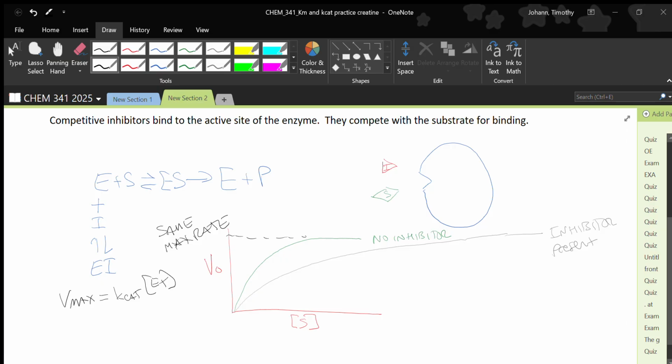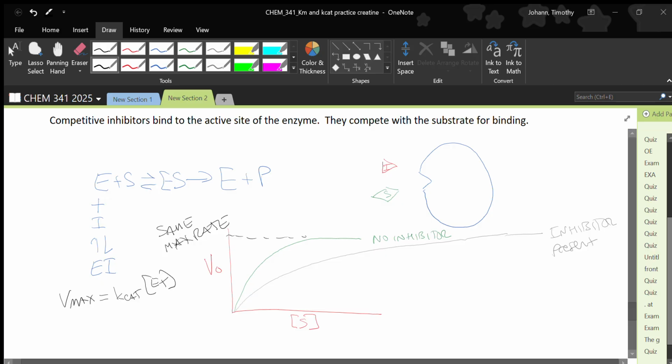Kcat is a constant, I can't change that for an enzyme. So for a given amount of enzyme, if I can just add enough substrate to get my same Vmax, then I haven't changed my Kcat. So in competitive inhibition, Kcat is unchanged.